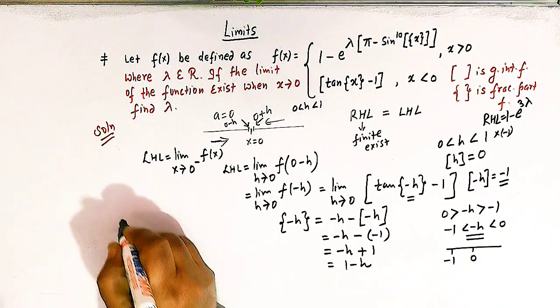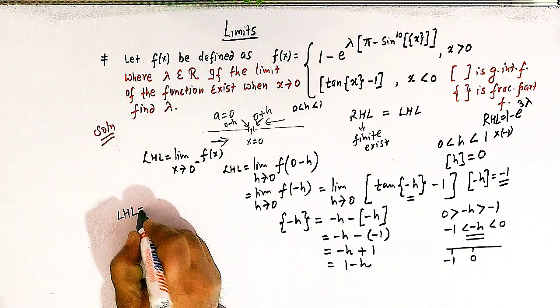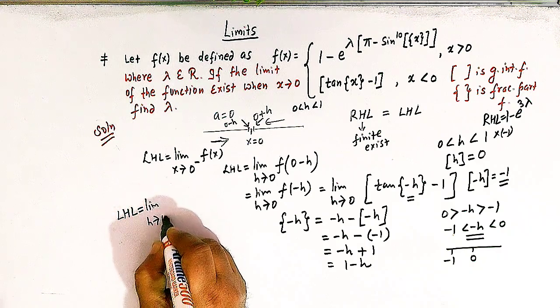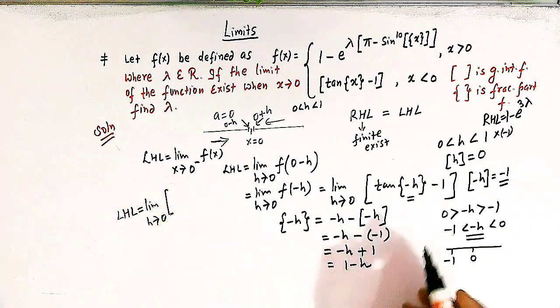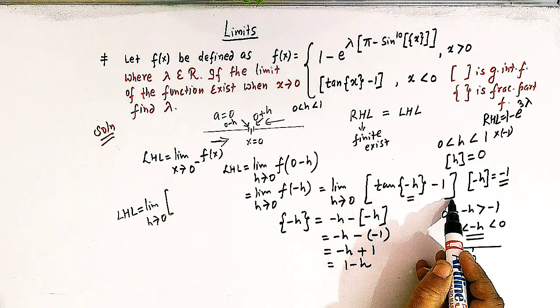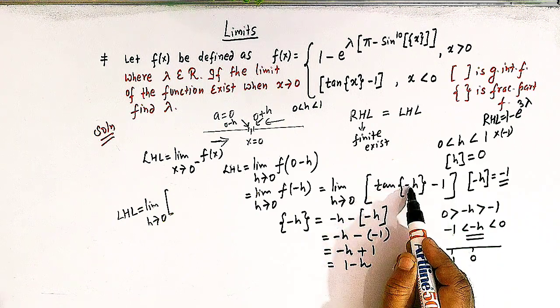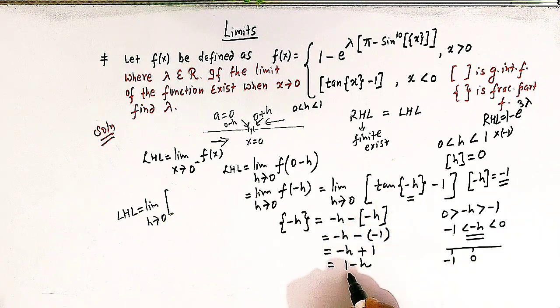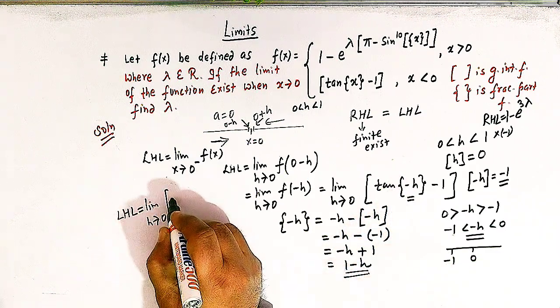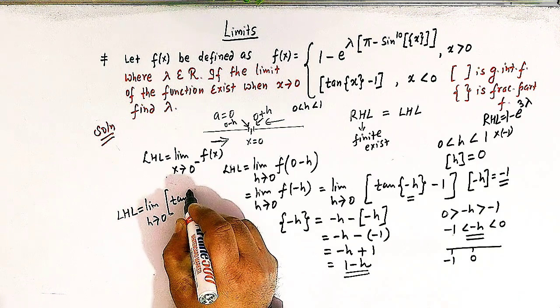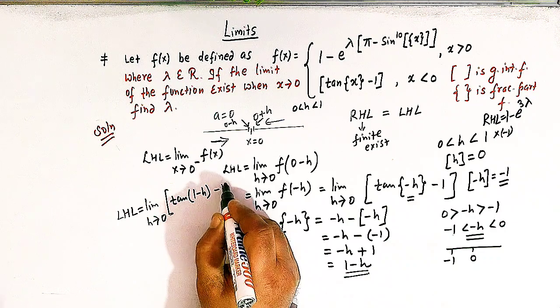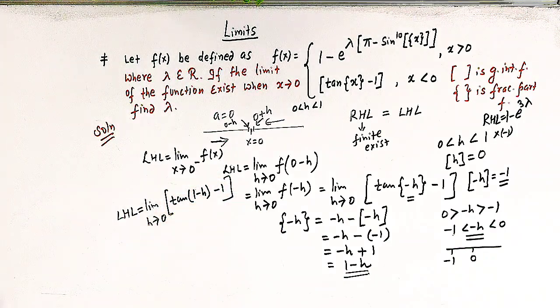So now we can write the left hand limit as limit h tends to 0, greatest integer of tan of the fractional part of minus h. So the fractional part of minus h may be replaced by 1 minus h. So here we have tan of 1 minus h, and here we have minus 1, right?